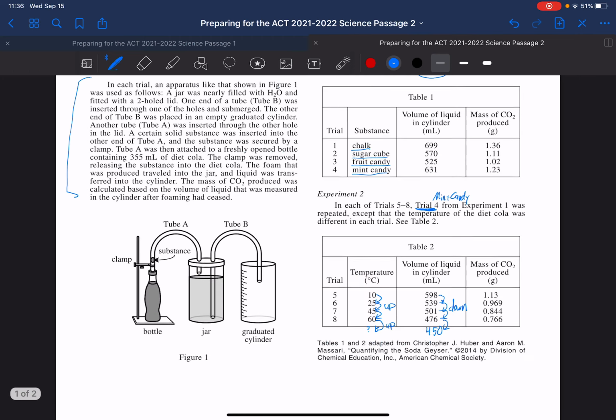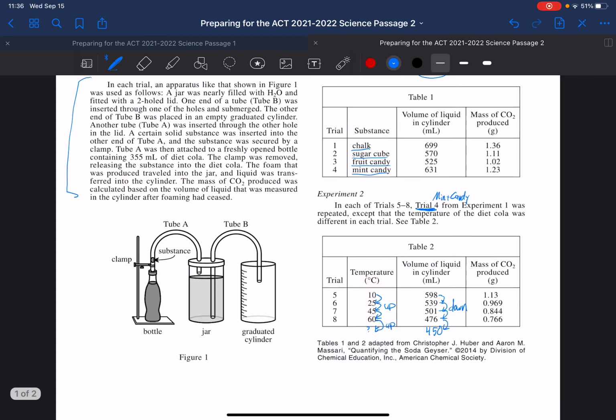Number 12: is the relationship between the volume of the liquid in the cylinder at the end of the experiment and the mass of CO2 produced a direct relationship or an inverse relationship? And actually, I'm going to highlight those with some colors. So the volume of the liquid, I'll put that in that color, and the mass of CO2 produced. Those are the two quantities we want to compare.